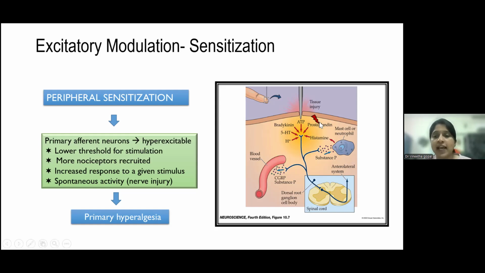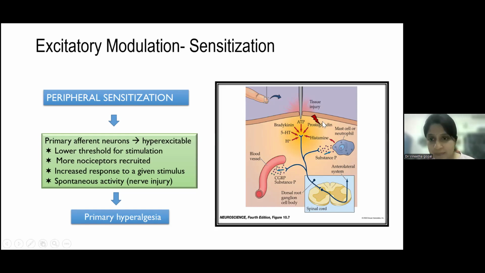Now, how can we intervene? Here we have the prostaglandin. To inhibit prostaglandin production, which drug can we give? How can we target the prostaglandins? Anything in the chat box? To decrease peripheral sensitization, correct, NSAIDs.